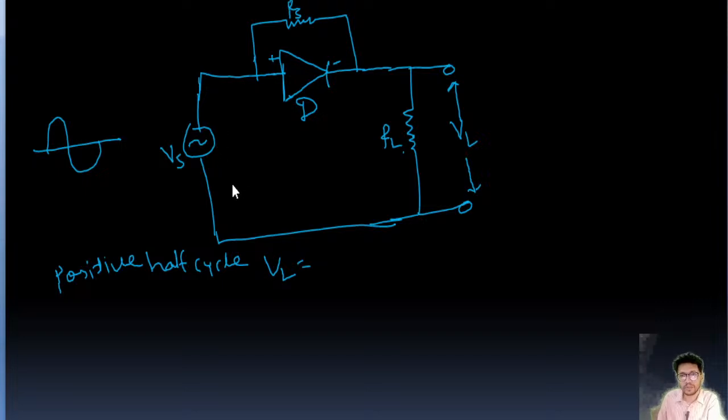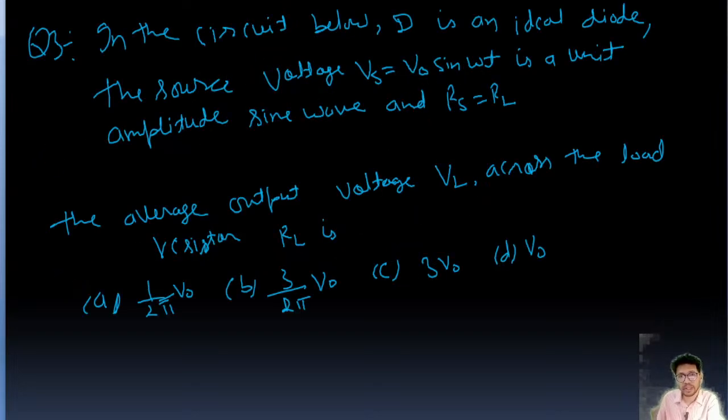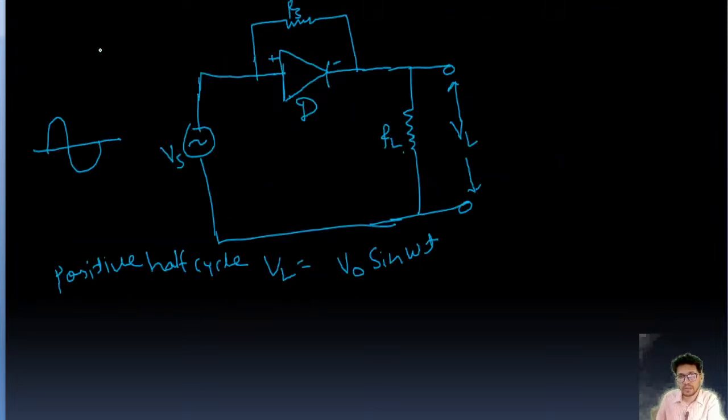This we know. So VL is going to be V naught sine omega t. That is VL equal to VS equal to V naught sine omega t, because this diode is working as a conducting wire. It's a case of forward biasing.